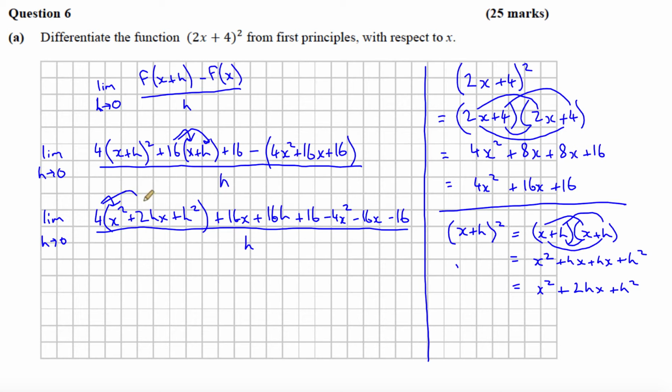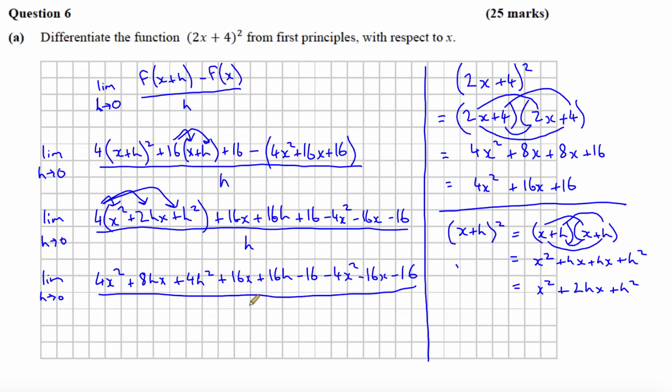So now I'm going to multiply this out here. So I've got the limit as h goes to 0 of 4x squared plus 4 by 2hx is 8hx plus 4 by h squared is 4h squared plus 16x plus 16h plus 16 minus 4x squared minus 16x minus 16, and again all over h.